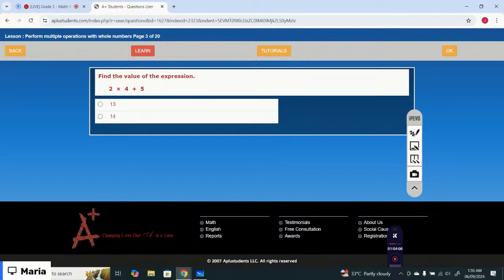Find the value of the expression 2 times 4 plus 5. So which is the correct option?